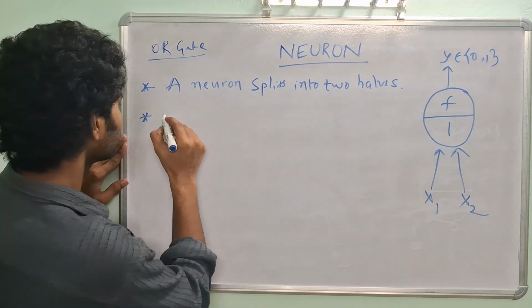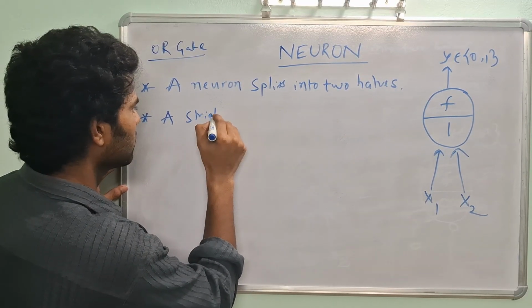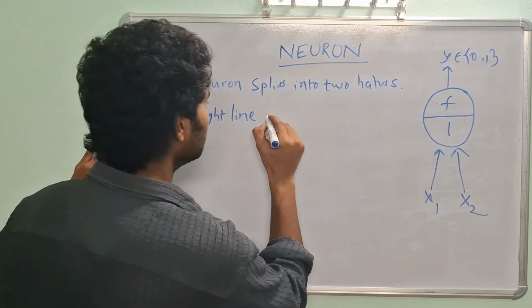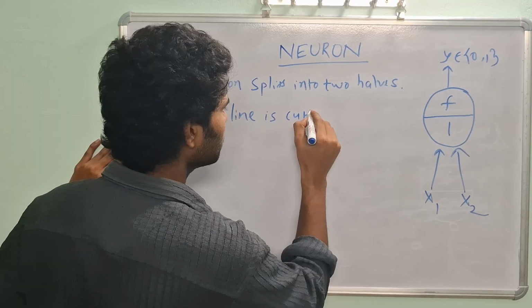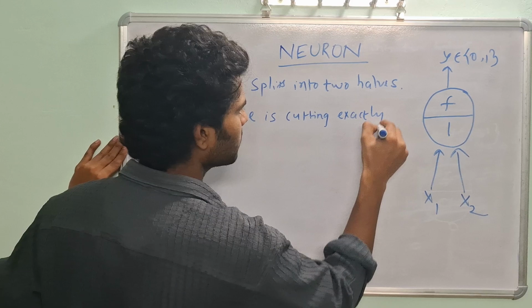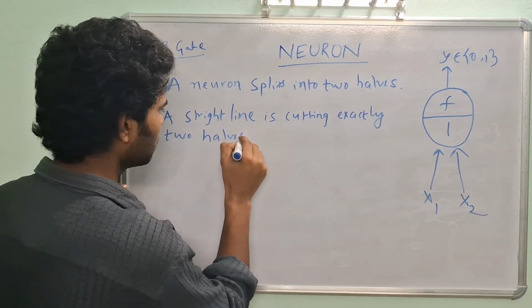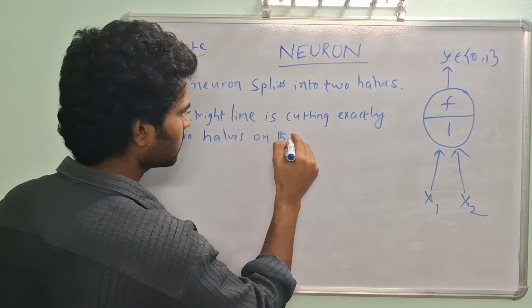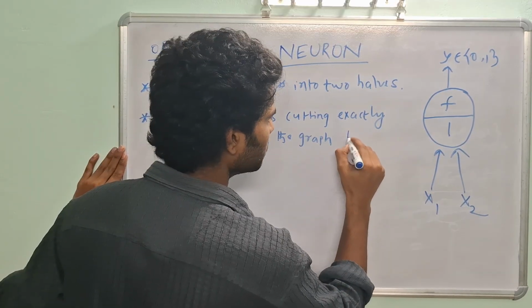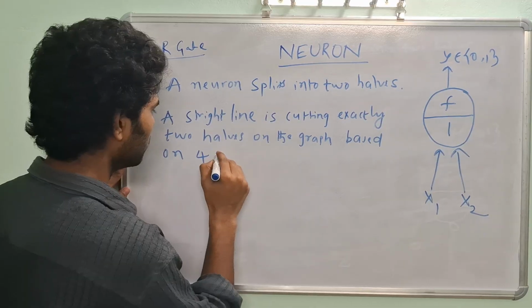Here a straight line is cutting exactly two halves on the graph based on 4 points.